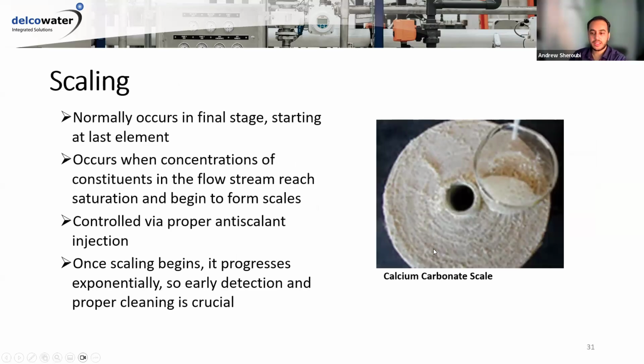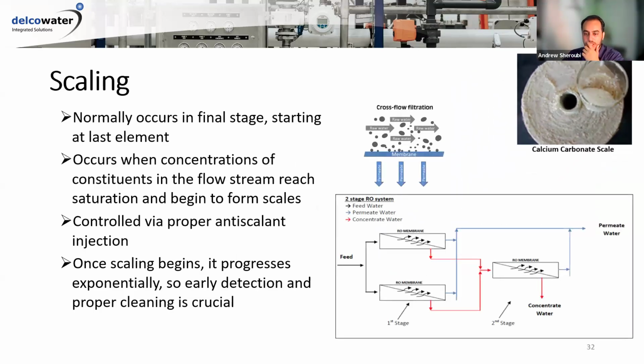Now, on the other hand, scaling occurs, as I said, towards the end of the RO or NF system. If you remember, I'll pull up the cross flow again. Raw water goes through, some clean water permeates, and that gets taken to the reservoir, and the raw water keeps on going on this journey through another membrane system. Here's an example of a two-stage; you can have a three-stage. The clean water goes out, and the raw water keeps going through another stage, and you keep collecting more and more.